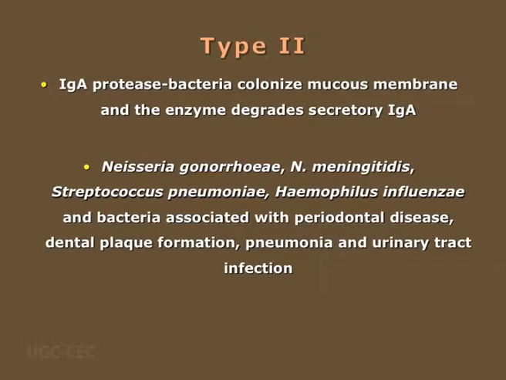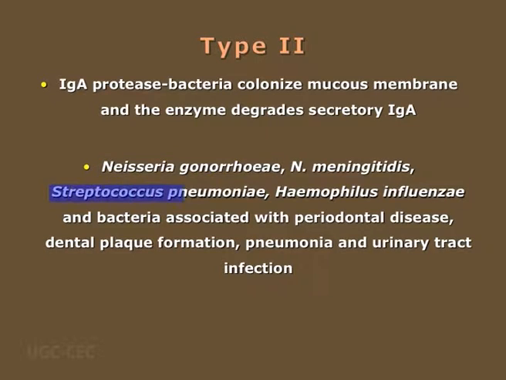Another is IgA protease. Now, the importance of these bacteria which produce such protease is that they grow in the mucous membrane where the humidity or the mucus secretion happens, and it degrades the secretory IgA. If you remember, the IgA is given out by the host organism to kill these microbes.